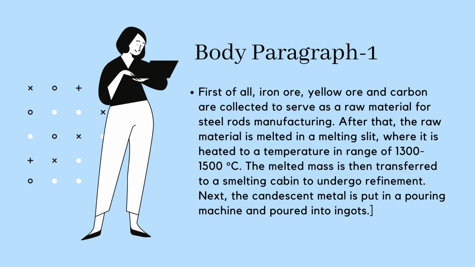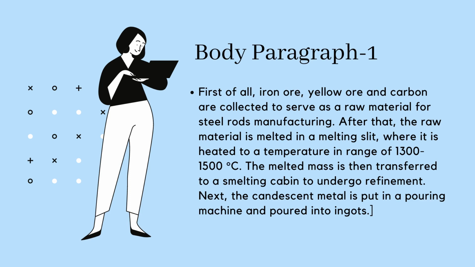For body paragraph number 1: first of all, iron ore, yellow ore and carbon are collected to serve as raw material for steel rods manufacturing. After that, the raw material is melted in a melting slit, where it is heated to a temperature in the range of 1300 to 1500 degrees Celsius.